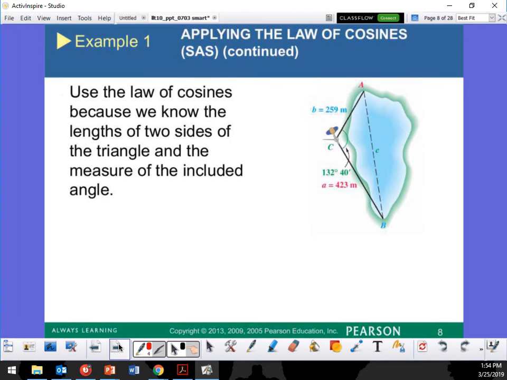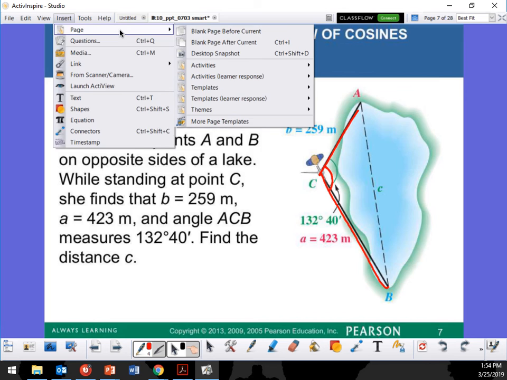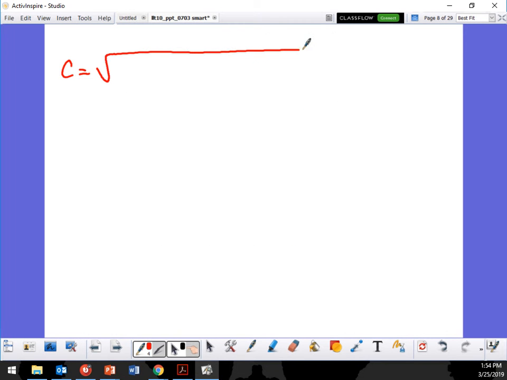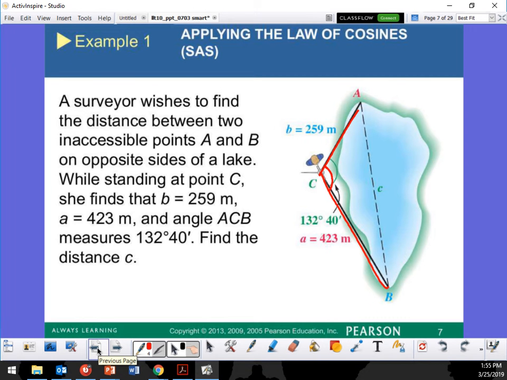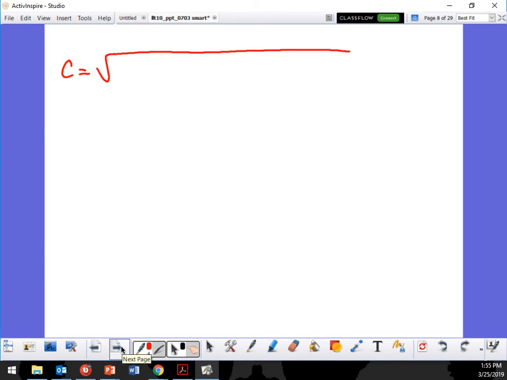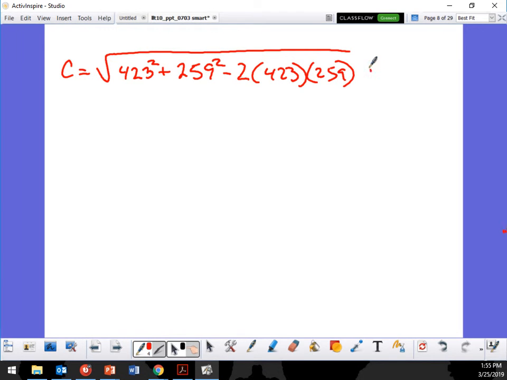So we're going to say that little c equals a squared, which is 423, plus b squared, which was 259, minus 2 times 423 times 259 times cosine of my angle, which is 132.40.